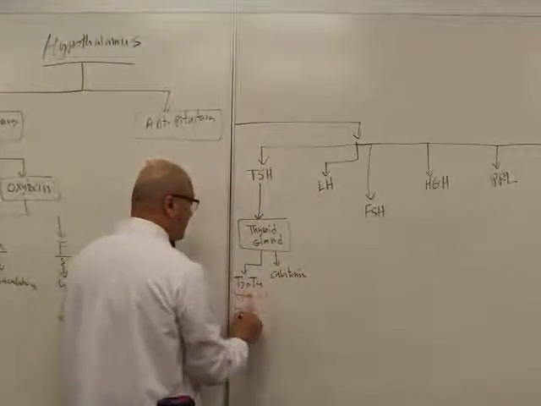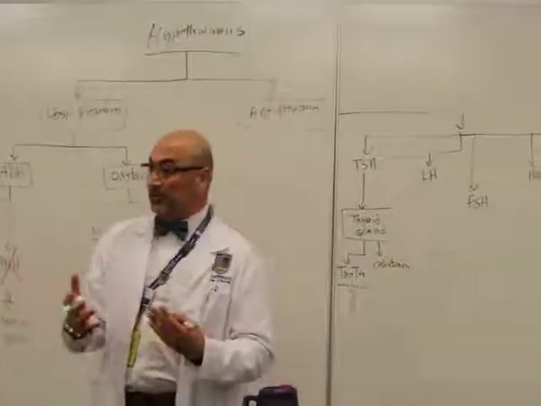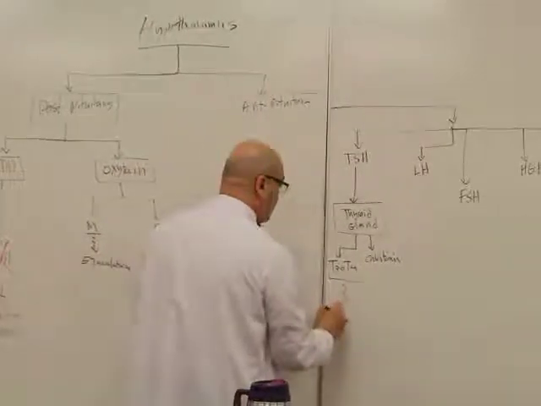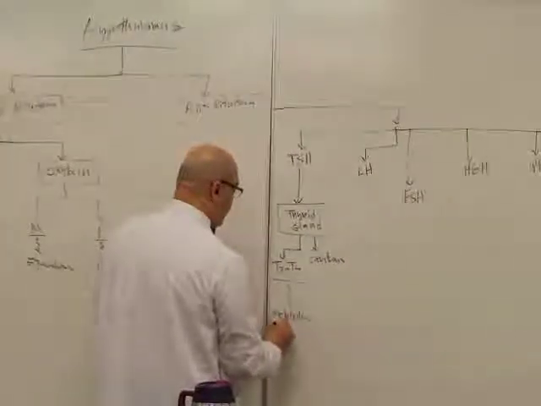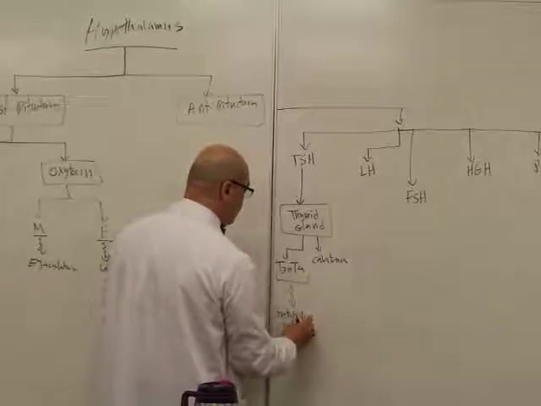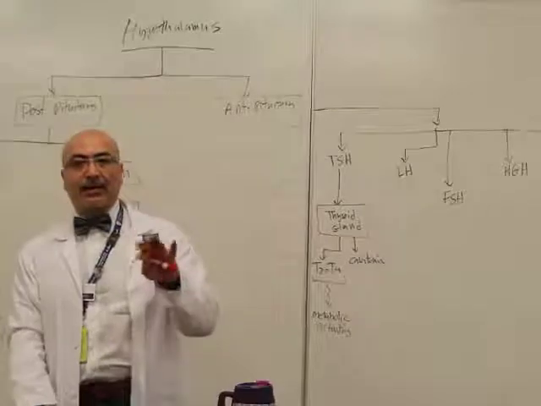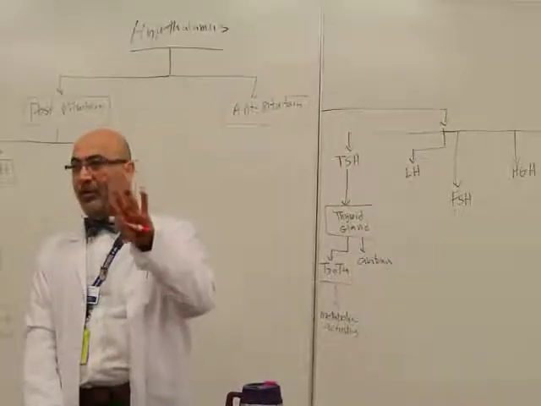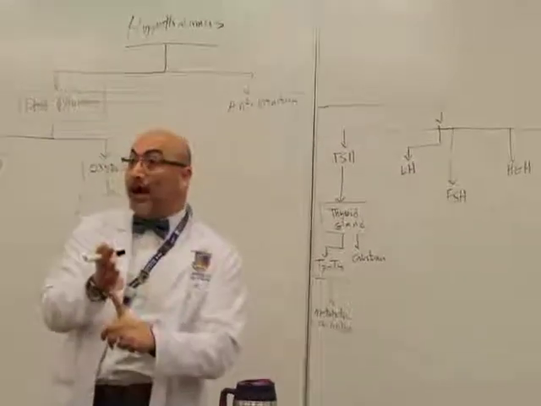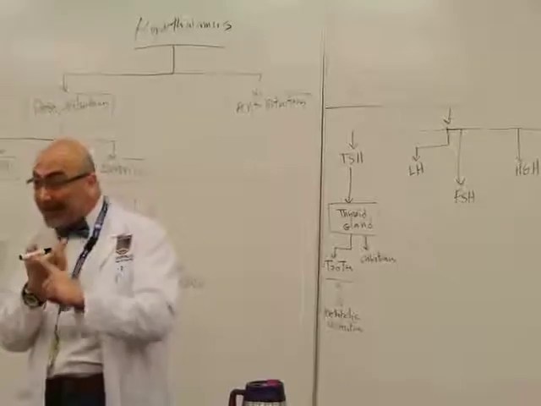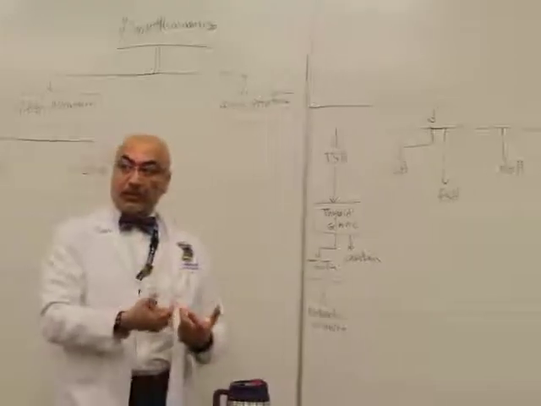And we already know that T3 and T4 are involved in metabolic activities. So hyperthyroidism, hypothyroidism, in other words, fluctuation that you have in T3 and T4 in your patients will change their metabolic rate, energy, body temperature, sweating, all of these will be altered. So you can detect that in your patients with thyroid problems.